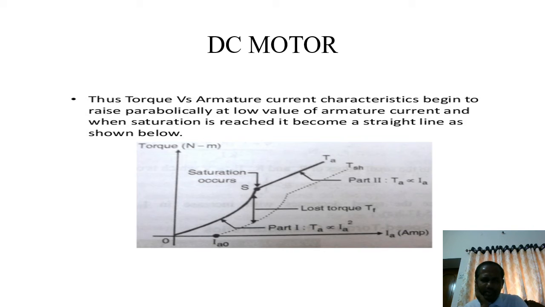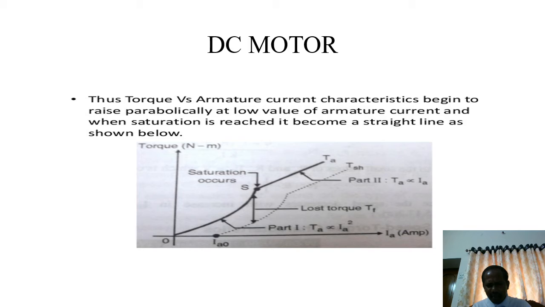Let us see from the diagram. Torque is taken on the y-axis, armature current on the x-axis. Torque is proportional to the square of the armature current, so this curve, in nature, is parabolic.